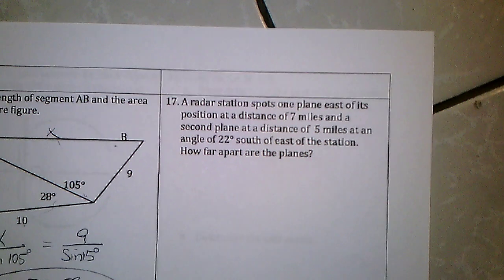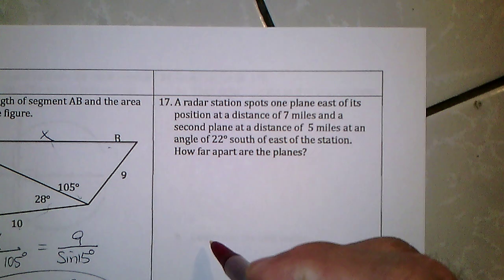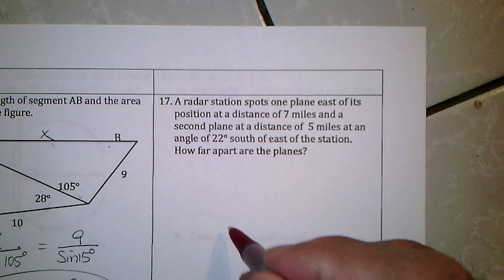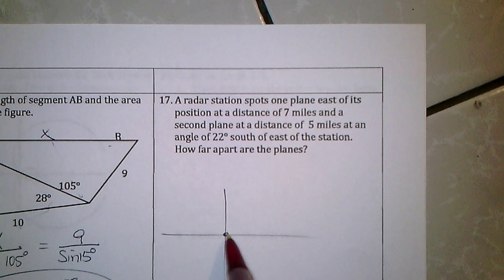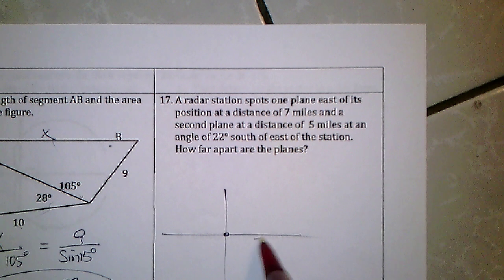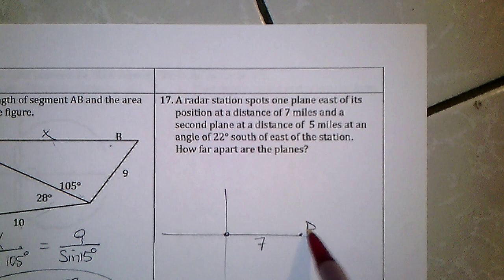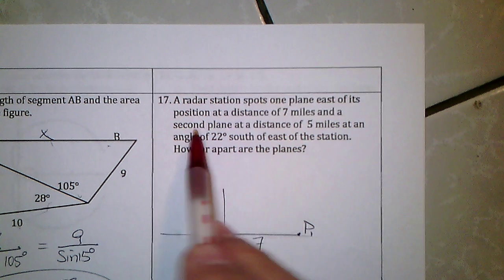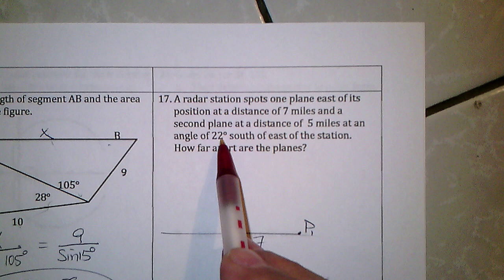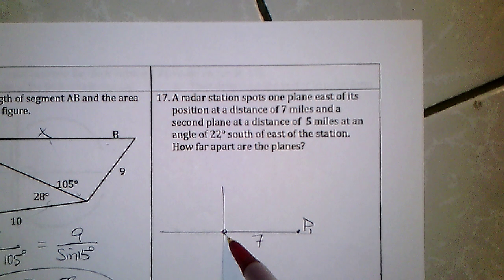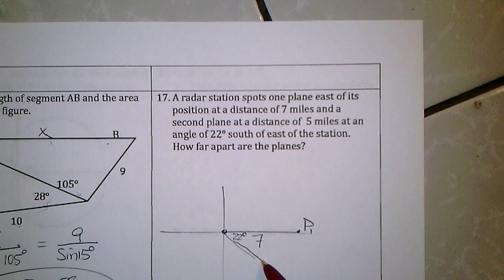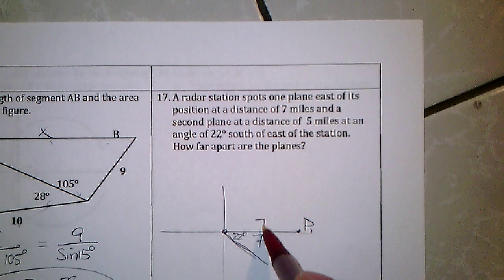17. Radar spots a plane east of its position at a distance of 7. So there's a plane. Here's the radar, 7 miles to the east. There's a plane. And a second plane at 5 miles at an angle of 22 degrees south of east. At a distance of 5 miles.